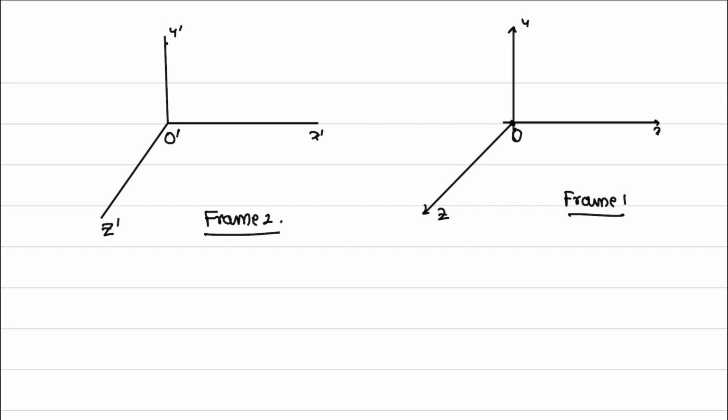When a frame is defined like this, and in the frame there is a homogeneous space and an isotropic space, that means there is translational invariance plus rotational invariance.